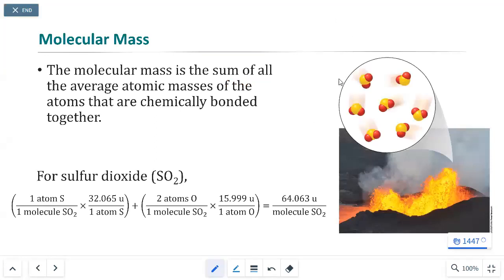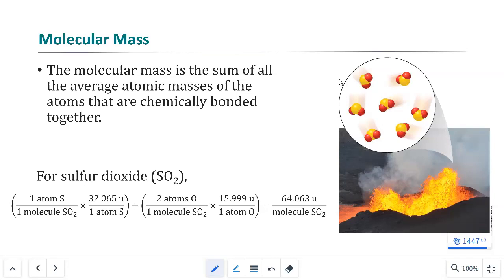So let's talk about some applications of this. Why do we care about average atomic masses in the first place? Well, because they can allow us to determine not just the mass of the individual atom or the cluster of atoms. They can give us ideas about how much a molecule weighs as well.